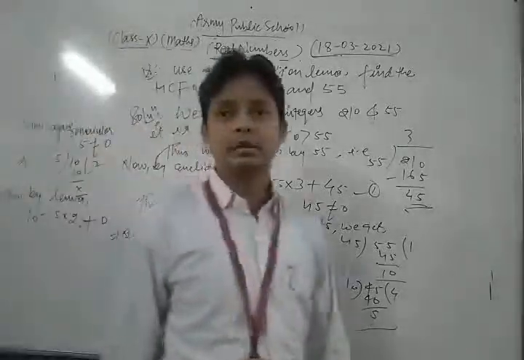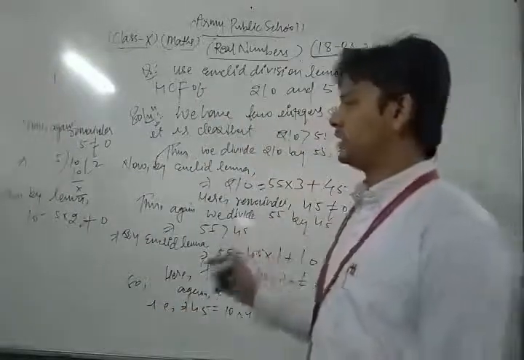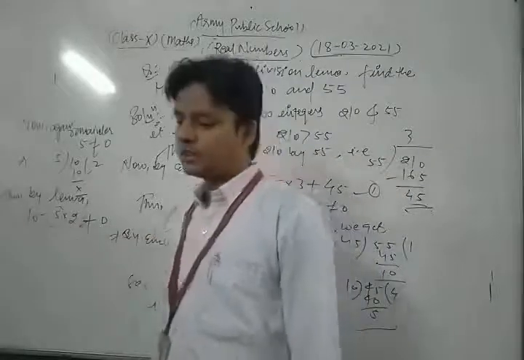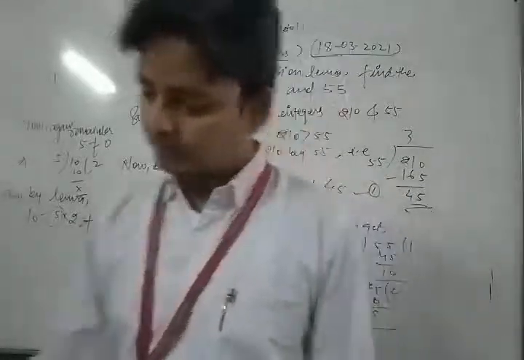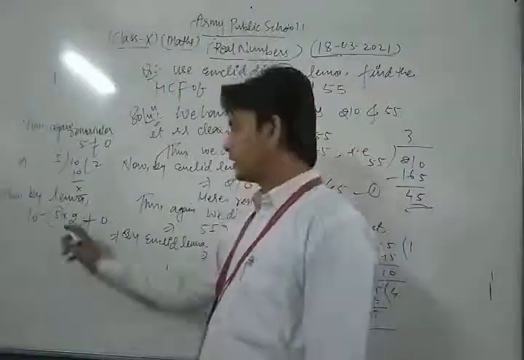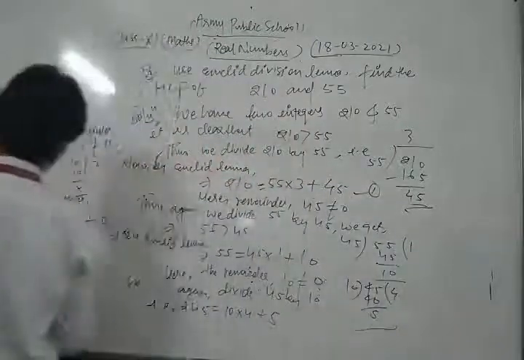So after this process, till the remainder is equal to 0, the last divisor is the HCF of the required numbers. The last divisor is 5.